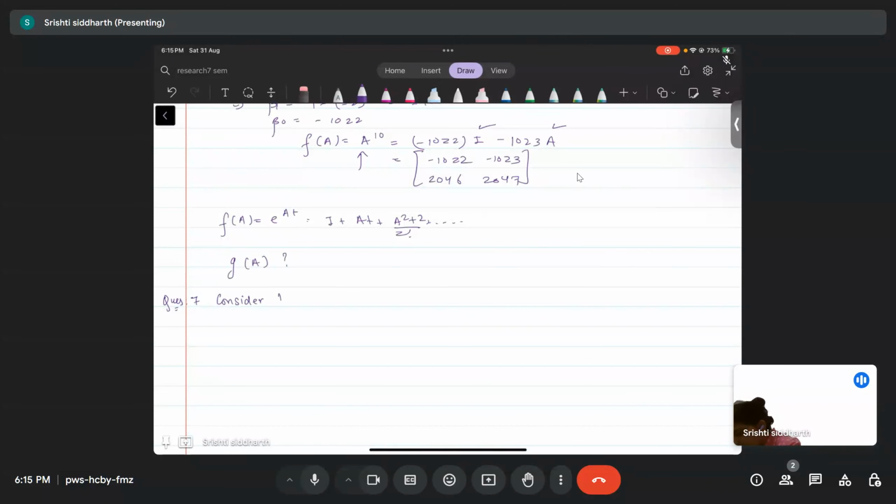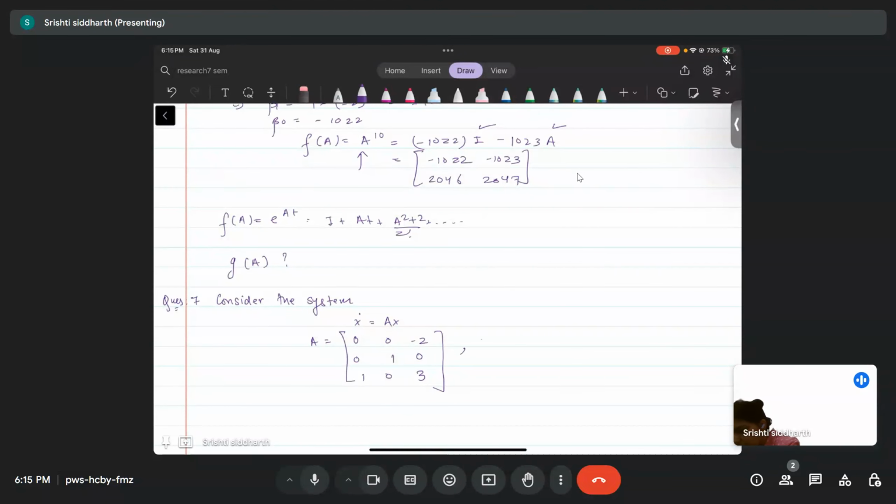So consider the system x dot equals Ax with A given by 0 0 minus 2, 0 1 0, 1 0 and 3.